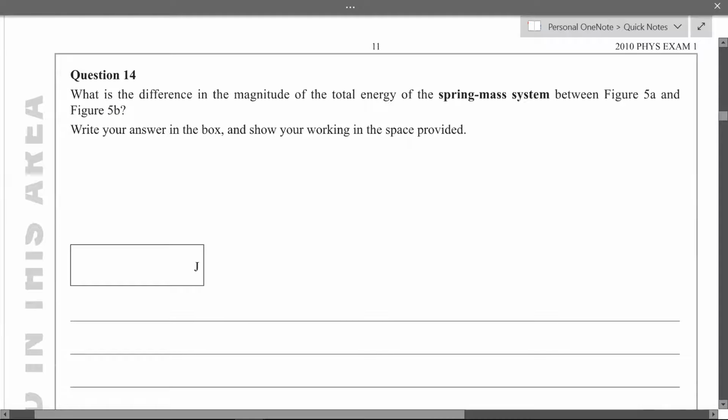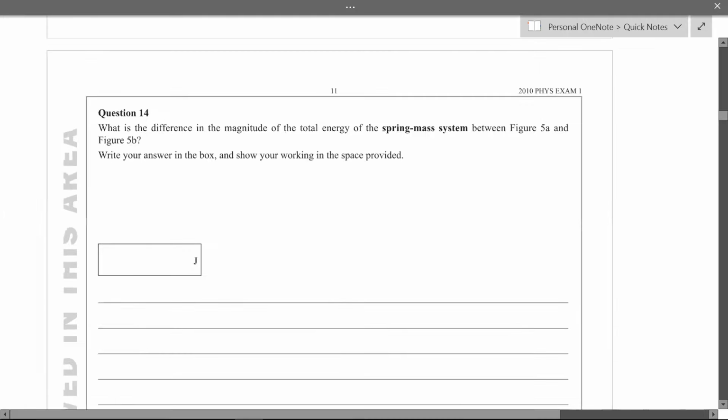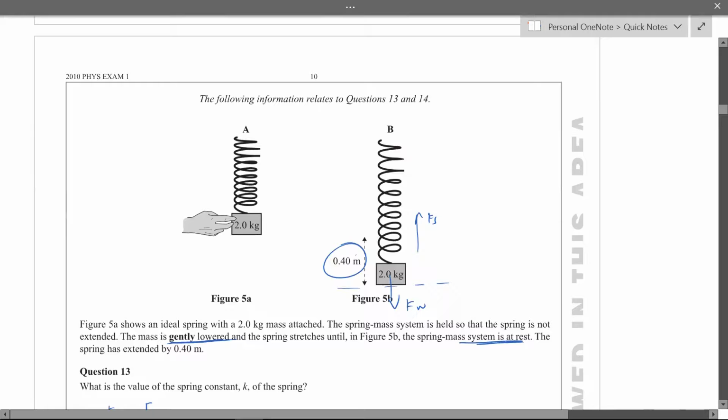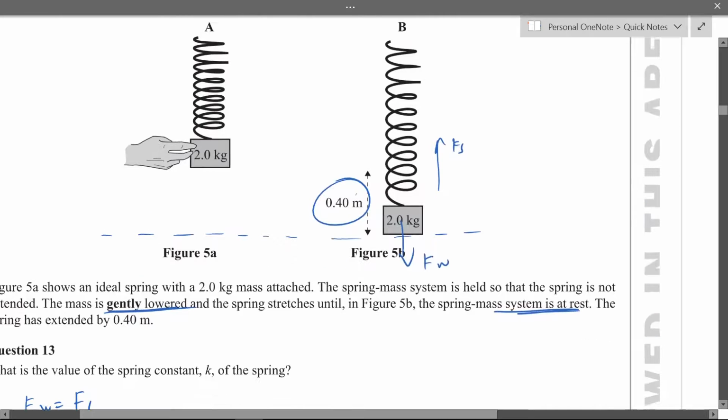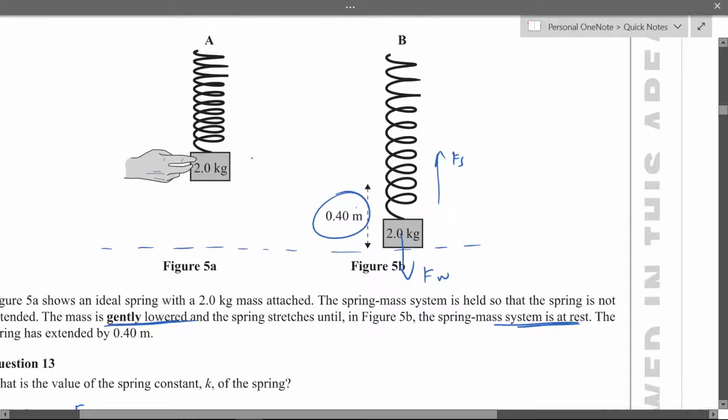Next question, what's the magnitude of the total energy of the spring mass system between figure A and figure B? In figure A, there are three things we can have: gravitational energy, kinetic energy, or spring potential. At A, there's no kinetic, and at B, it's at rest, so there's still no kinetic.